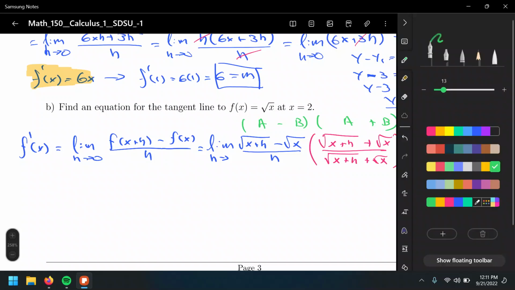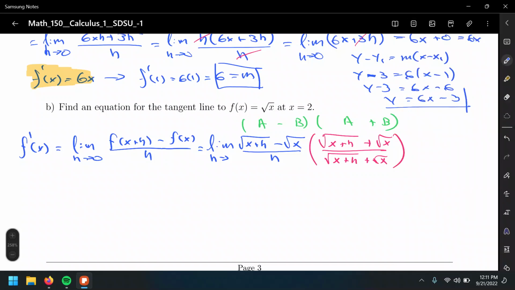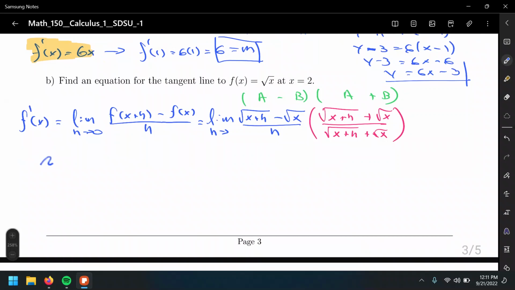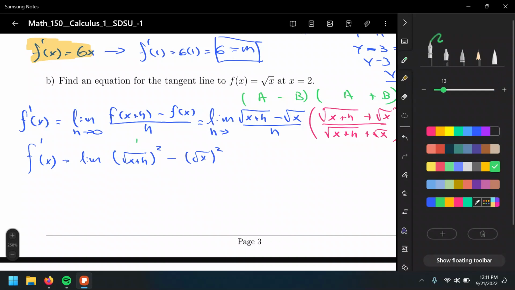So, what we're going to do here is f prime of x is the limit of the quantity squared, that is radical x plus h squared minus, that is a squared minus b squared.